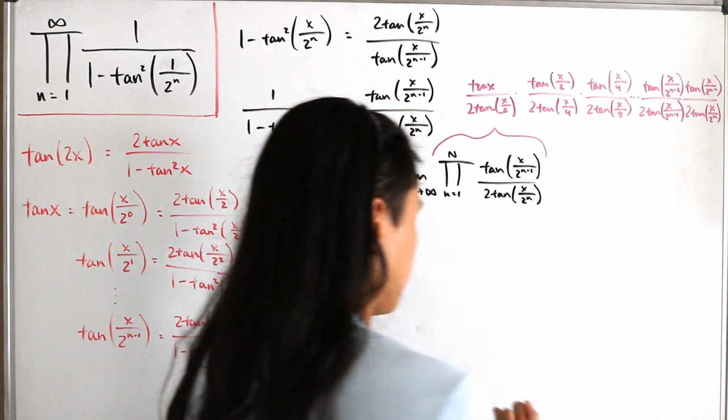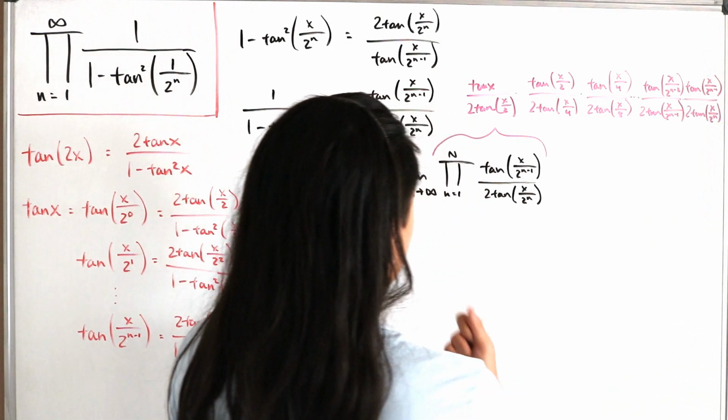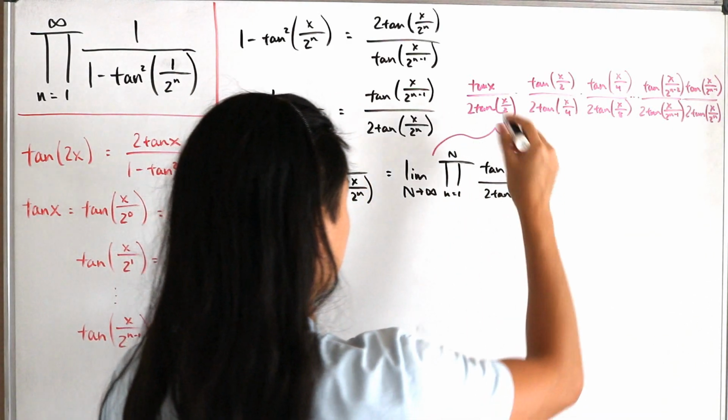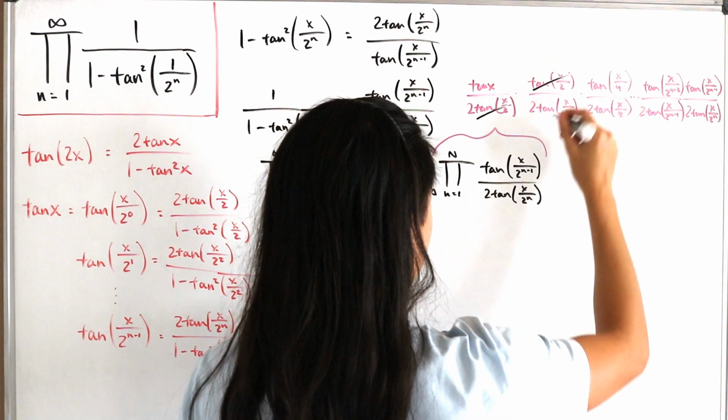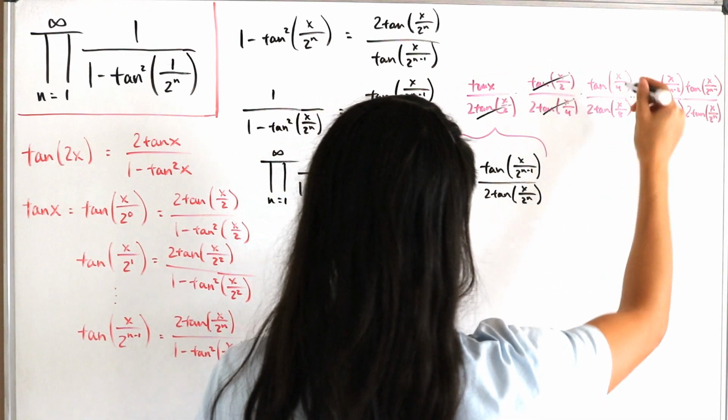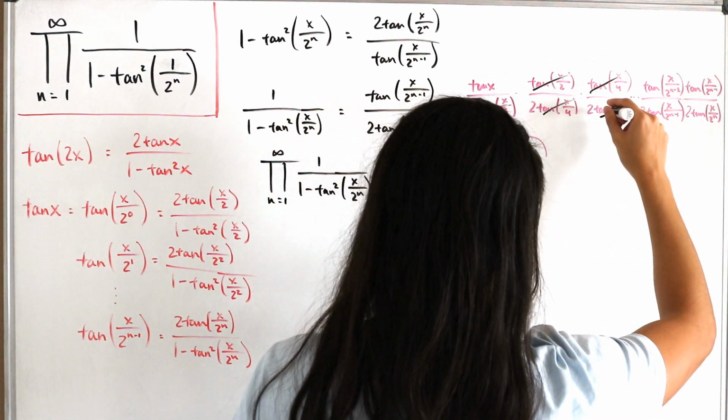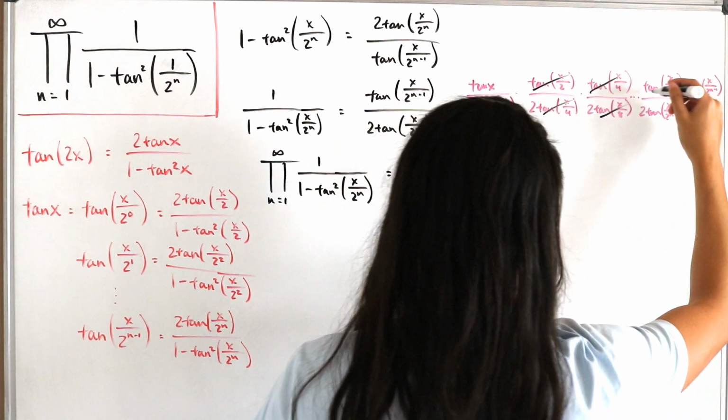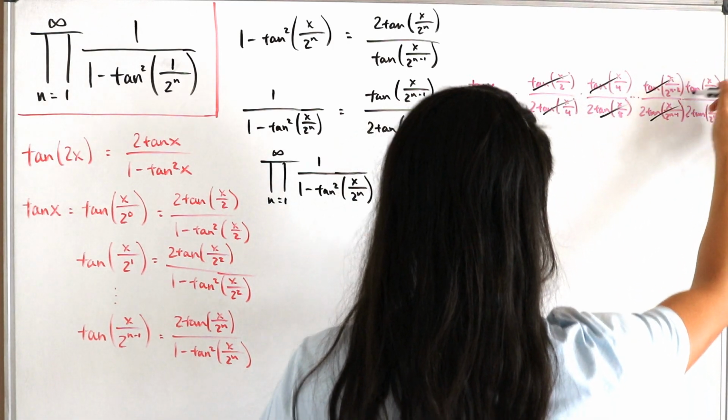And with that being the case, you'll notice some things are going to cancel out. The tangent of x divided by 2 is going to get rid of itself. So that means tangent of x divided by 4, same thing. Then the tangent of x divided by 8, so on and so forth. Then that's going to cancel here. That's going to cancel. This is going to cancel.